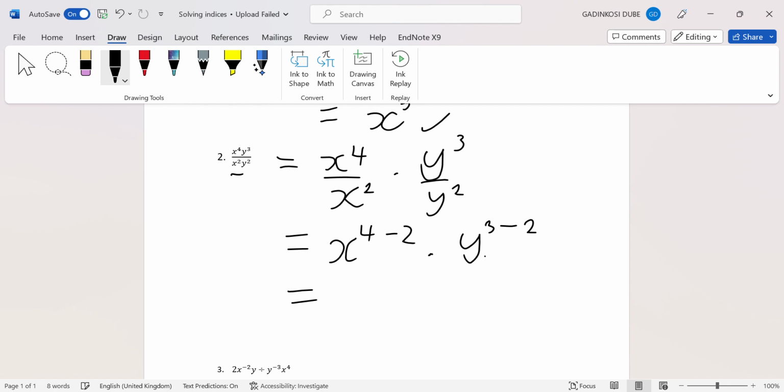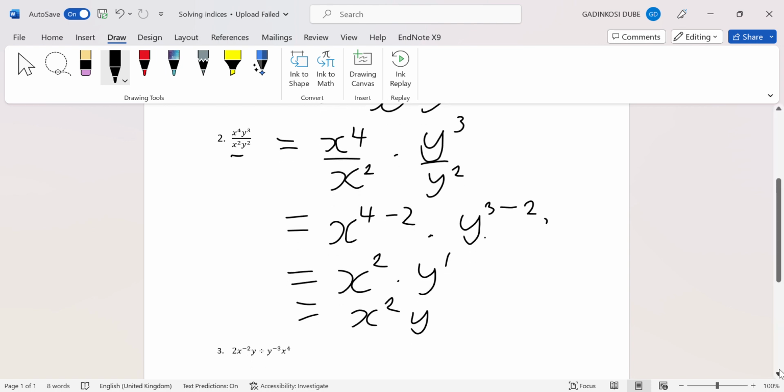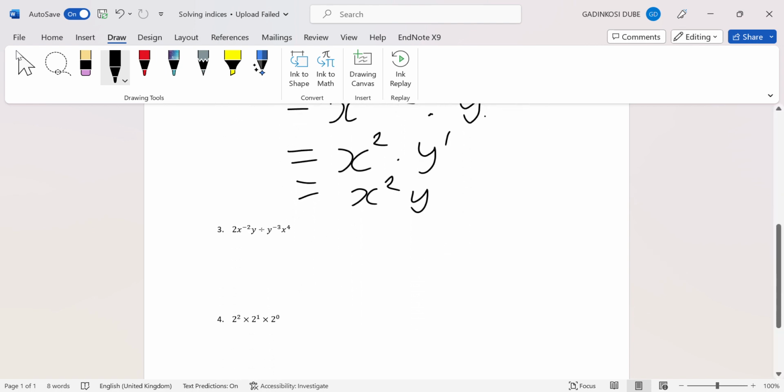When you simplify, you're going to get x to the power 2 multiplied by y to the power 1, because 3 minus 2 is 1. So it's x squared y. You've actually simplified that expression, and that's much easier when you look at it in that way.